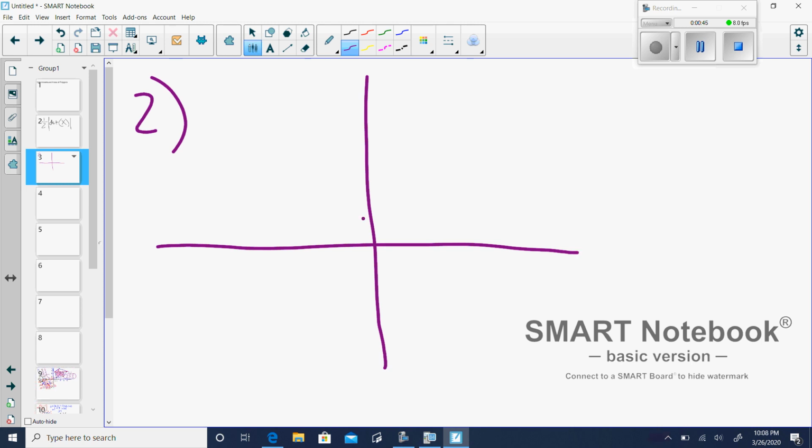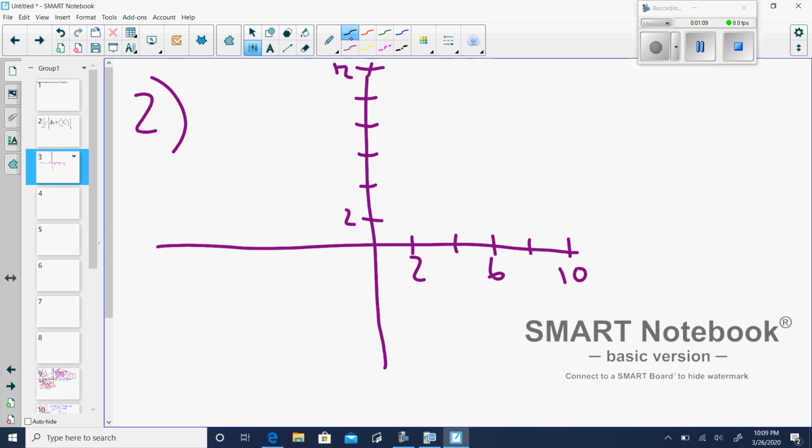So let's see here. I'm going to go by 2: 2, 4, 6, 8, 10, 12. And then, since we go from 1 out to 10, I will do 2, 4, 6, 8, 10. All right, so what are our points here?